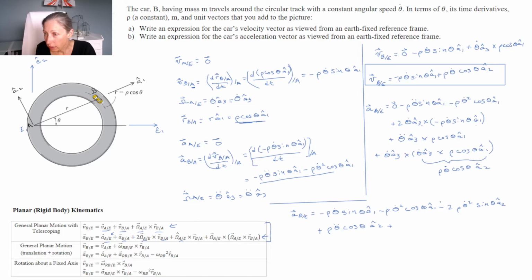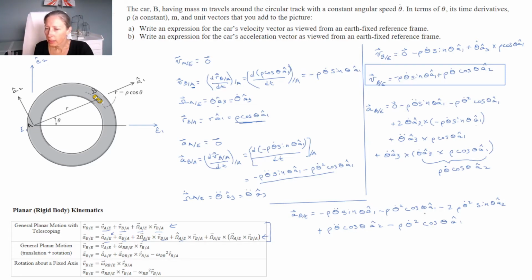So this is going to be negative, right? So negative theta dot A3 cross rho theta dot cosine theta A2, so minus rho theta dot squared cosine theta A1. Okay, and I see that I missed a dot over that first theta dot.